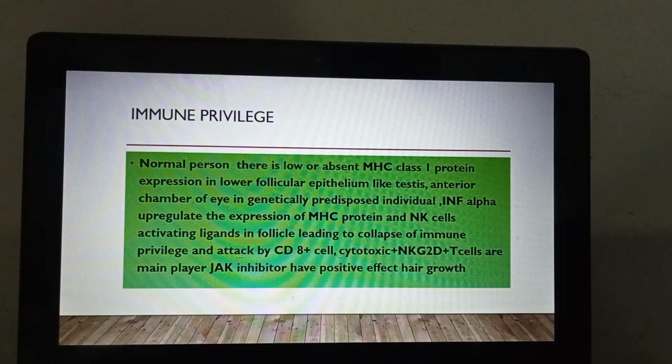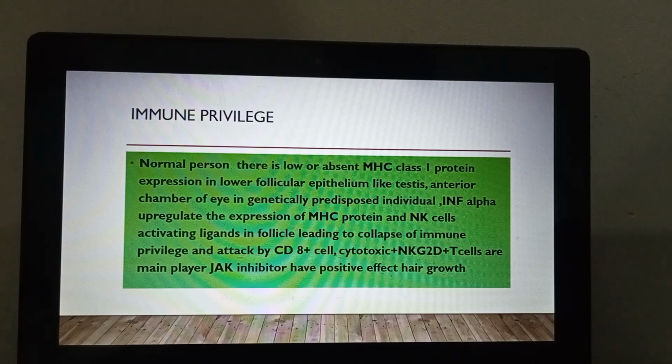In genetically predisposed individuals, as I have already discussed, interferon alpha upregulates the expression of MHC class 1 protein and NK cell activating ligands in the follicle, leading to collapse of immune privilege and attack by CD8 plus cells.